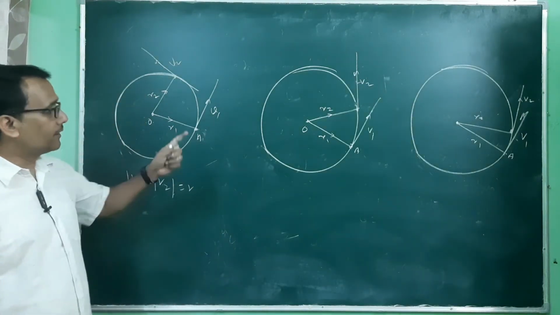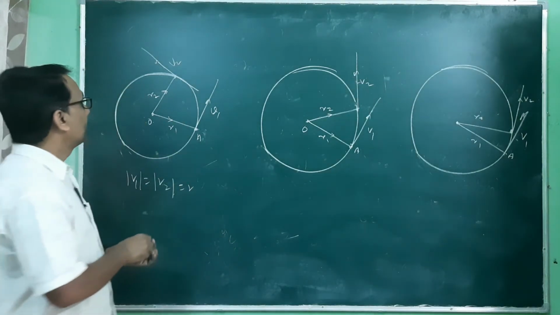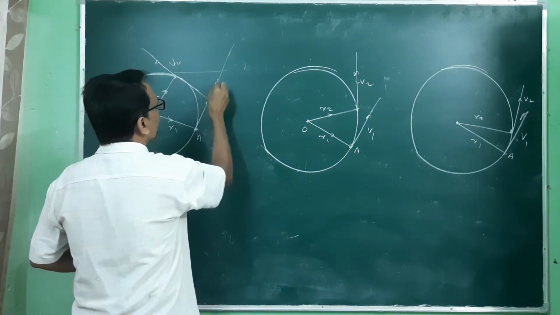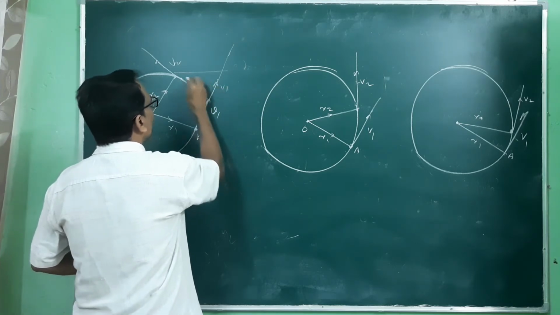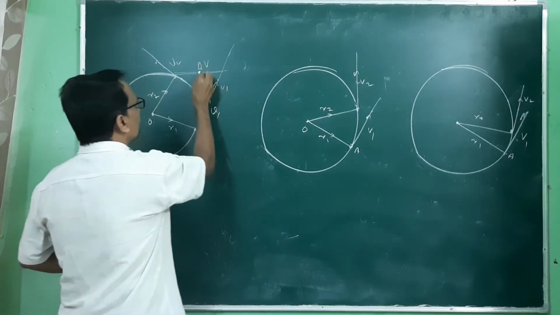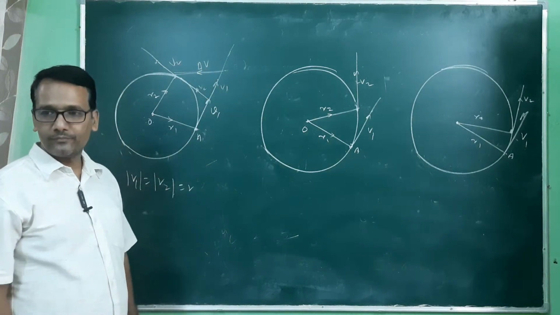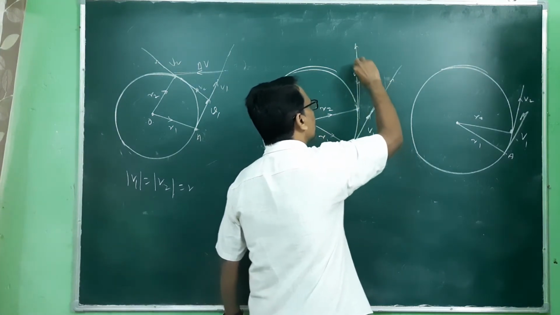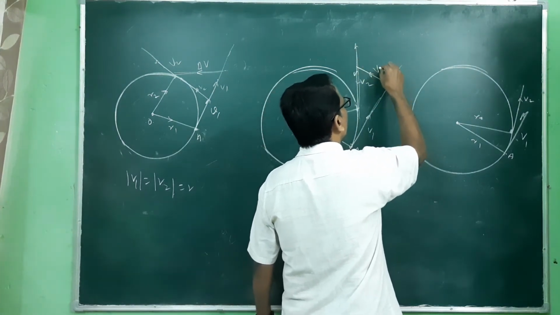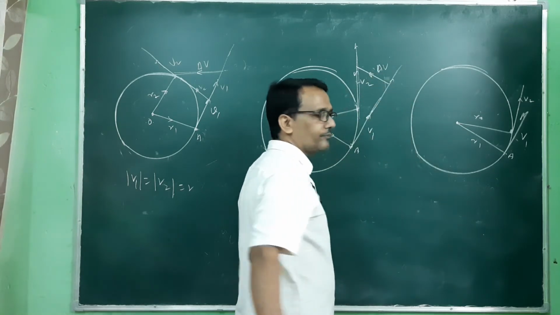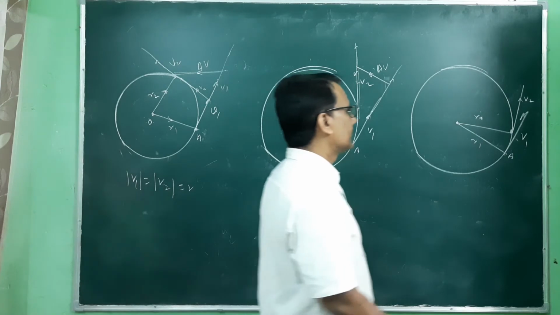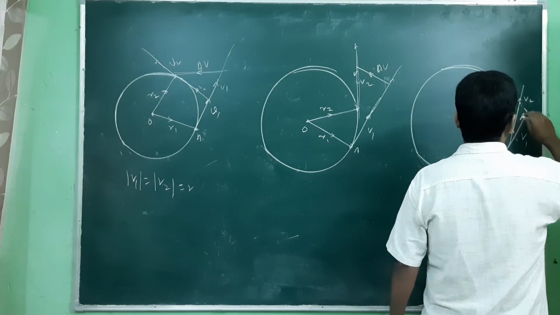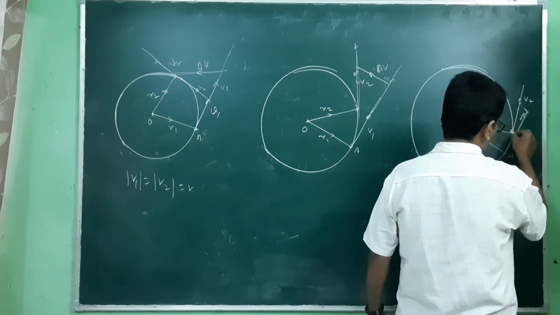Okay, so now let us complete this the vector triangle rule. So here this is moving like this and this is coming from this. So the resultant will be, this is V1 and this is V2. The resultant will be shown by this vector. Here this is V1, this is V2, so the resultant will be shown by this delta V. And similarly, here also the resultant will be shown by somewhere this delta V.